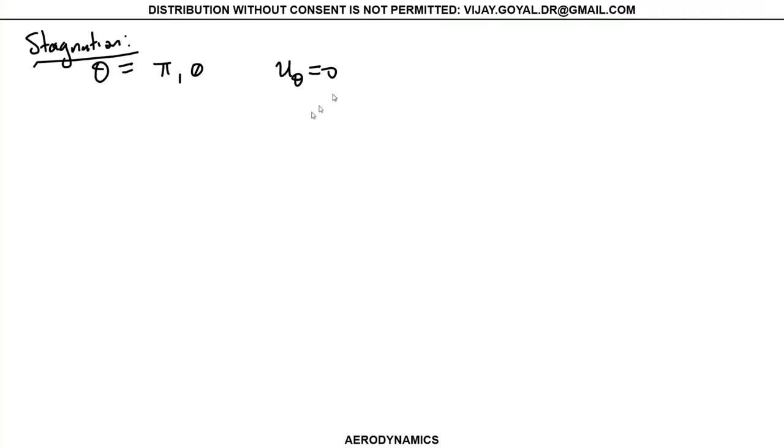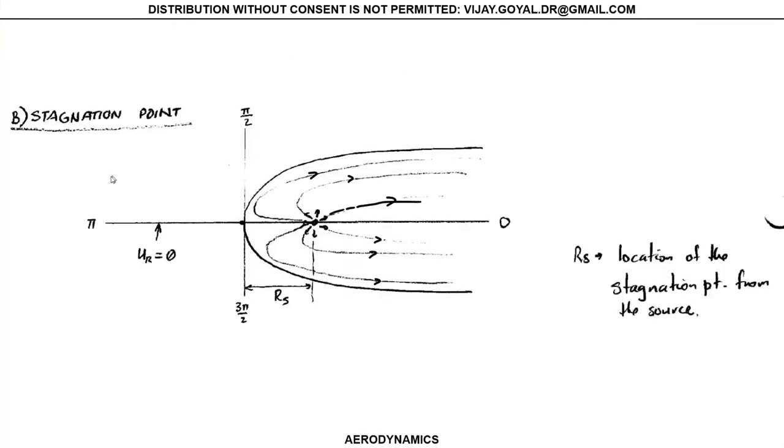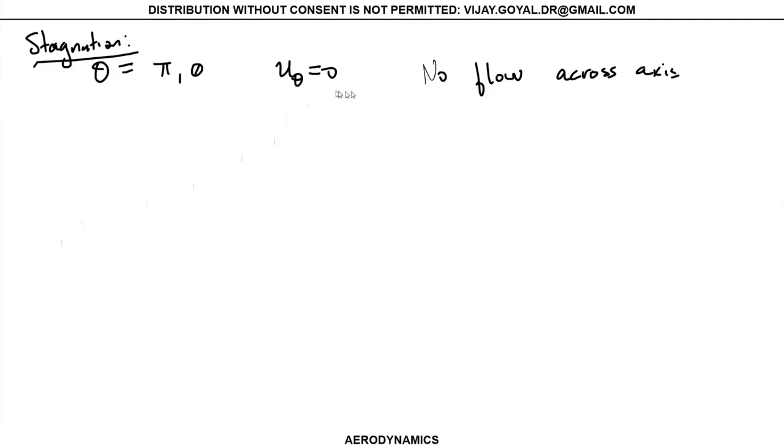Well, actually, let me take that back. This will be 0 because there's no flow across the axis. Okay, we are strictly here. There's no flow that goes in the theta direction. Okay, we are just staying right here on this axis. So if you think about it, this is UR, right? Unless I have an influence of theta, then that's the only possible way I can have that value.